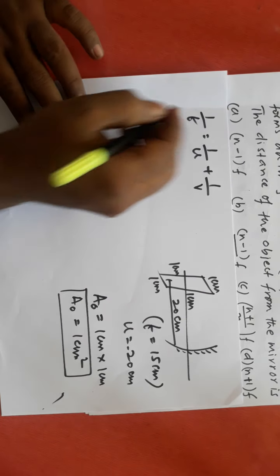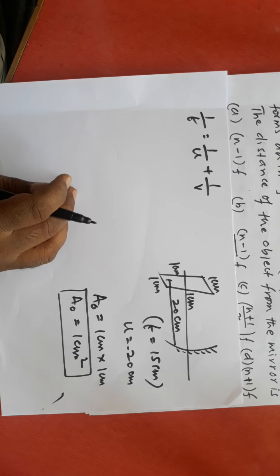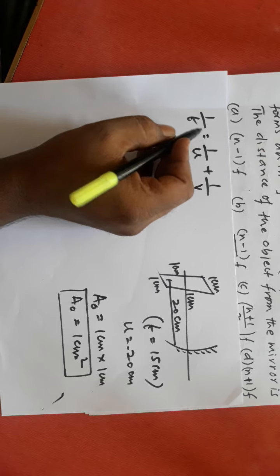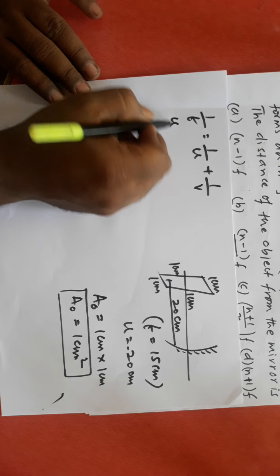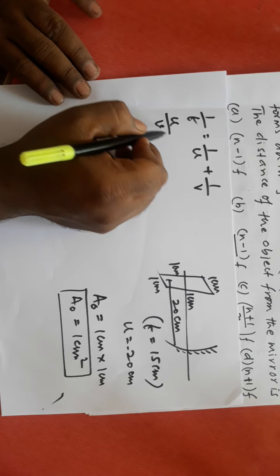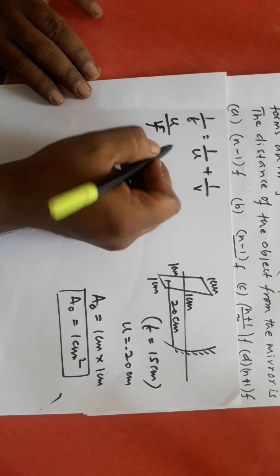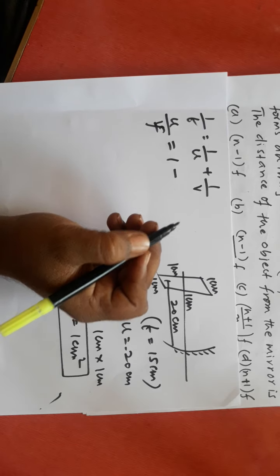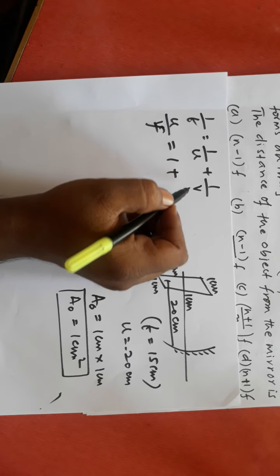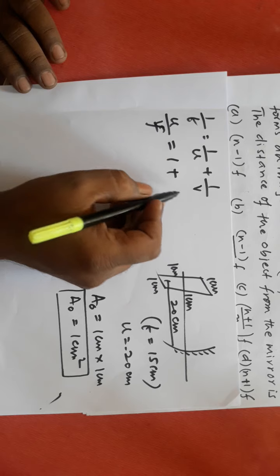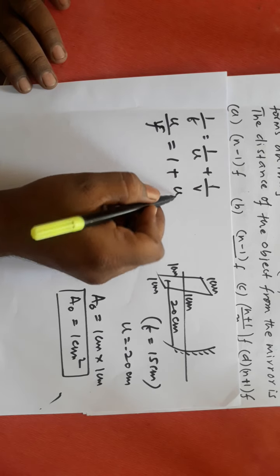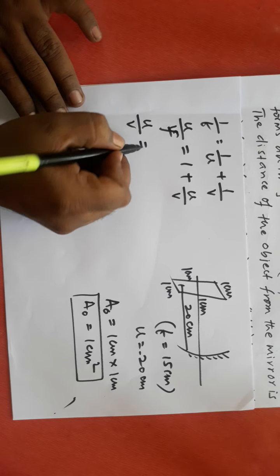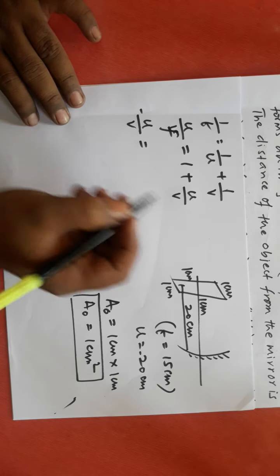For this purpose, what we'll do? We'll multiply this by u. You'll get here u by f is equal to u by u is 1 plus u by v. Multiplying by u, this will become u by u. Then u by v will be minus v by u.